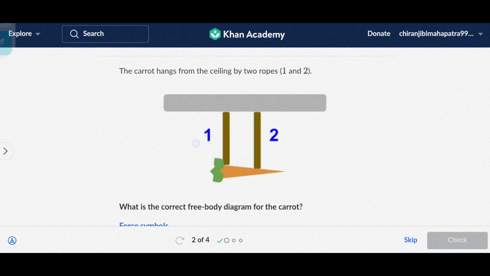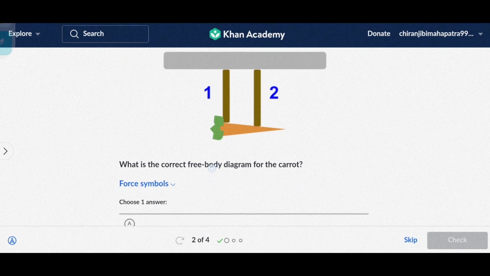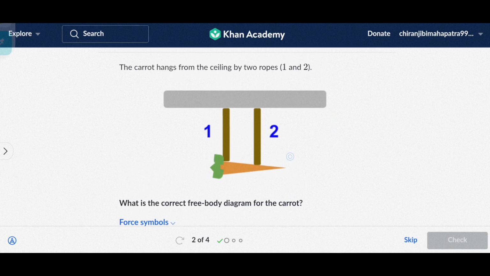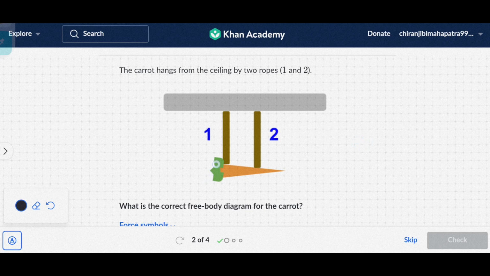The carrot hangs from the ceiling by two ropes, one and two. We see the carrot is hanging from the ceiling. What is the correct free body diagram for the carrot? To find the free body diagram, you just outline the object. This is the object boundary.